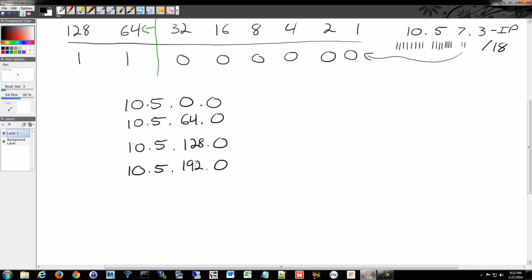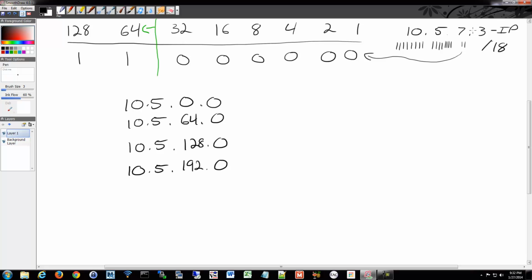So we'll stop there. You can go up until you hit 255, but we'll stop there. The question would have been, what is the network address, broadcast address, and usable host addresses within this IP's network?